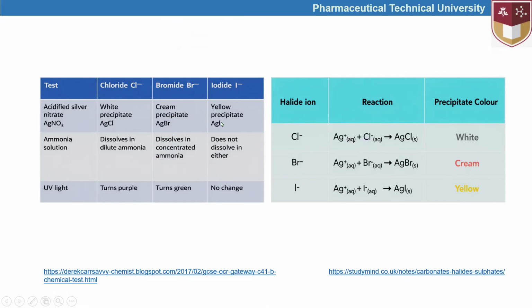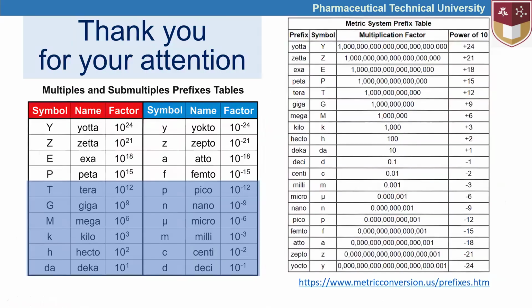And in the silver iodide precipitate, we do not see any kind of changes. And in this case, okay, the solution turns purple as we add ammonia solution. And in the example of silver bromide, as we add ammonia solution, the solution turns green. So based on these kinds of changes, we can find out the differences between chloride, bromide, or iodide ions qualitatively.